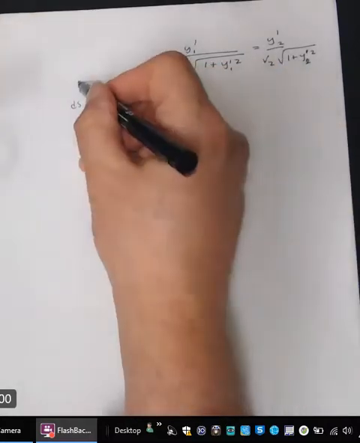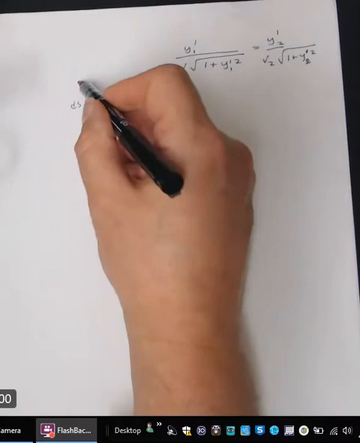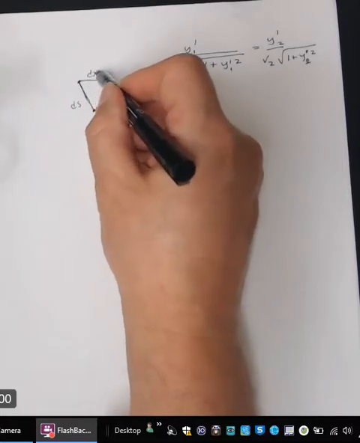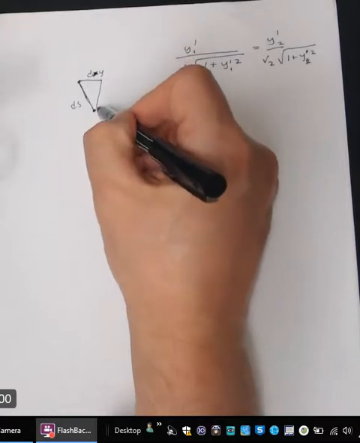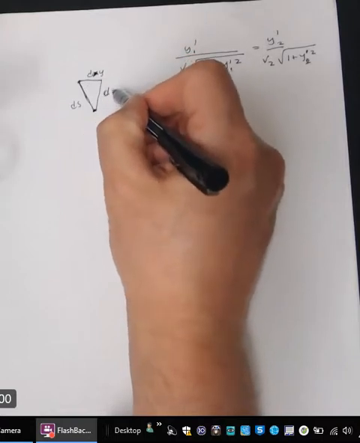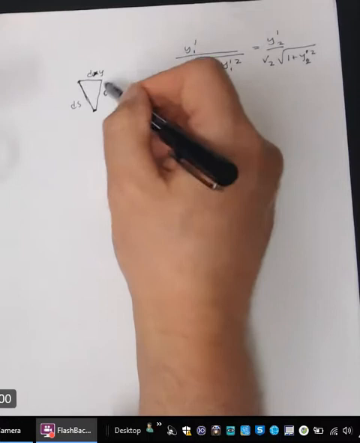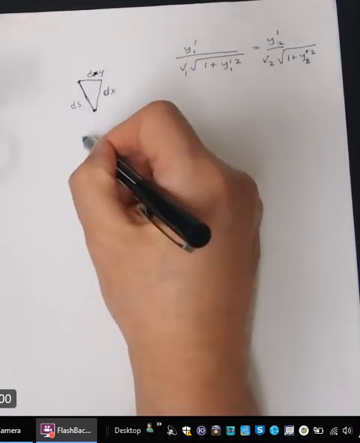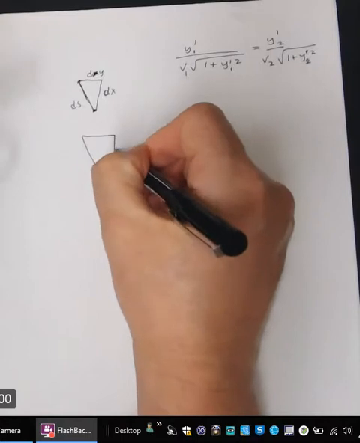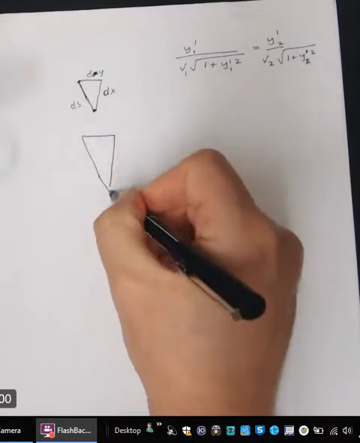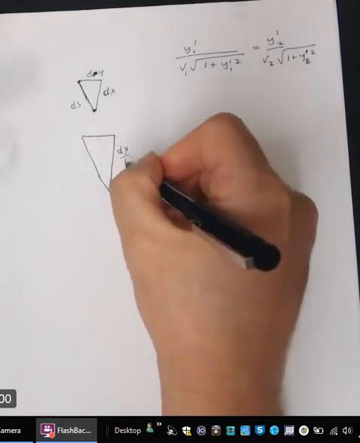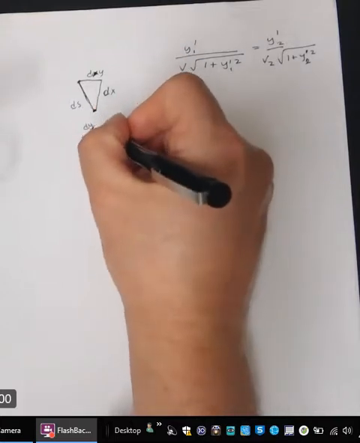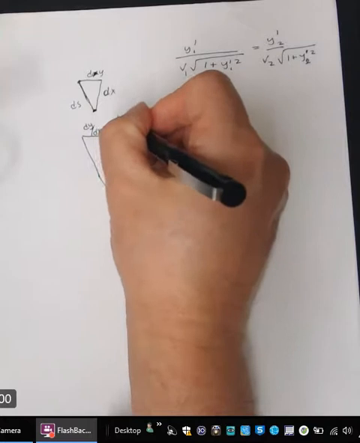So to do that, let's look at ds here. ds, remember, is a little dx. I'm sorry, it's dy on that side, and it was dx this way. Now if I take all of these things and I divide by dx, what do I get? This is dx over dx, which is 1. This is dy over dx, which is y prime.